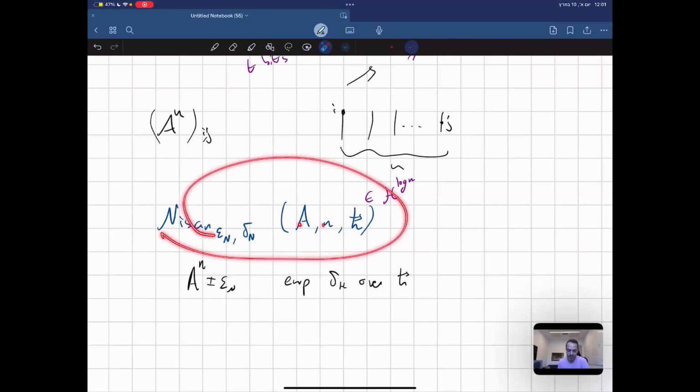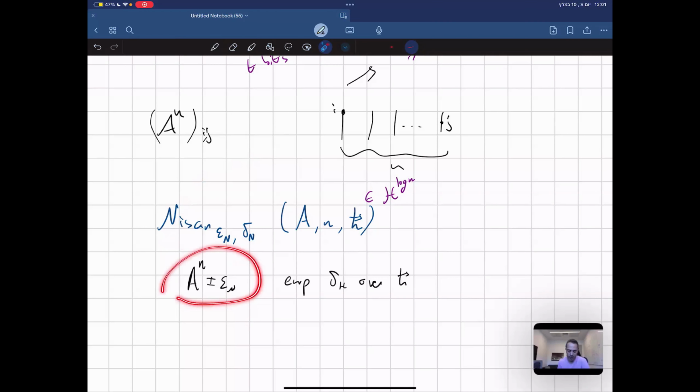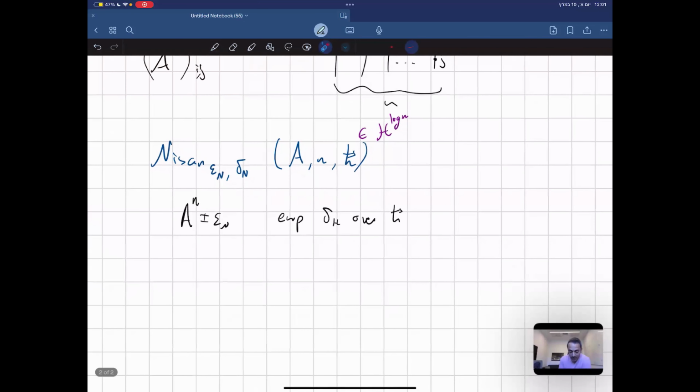So this algorithm gets A, N, and H, and it's going to output an approximation of A to the N up to plus minus epsilon Nissan. And it's going to be correct for most of the inputs that you give it as a third argument. For every A, there are different H's that will work, but many of them will. And the way it works is really simple.